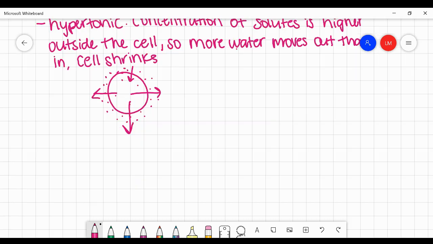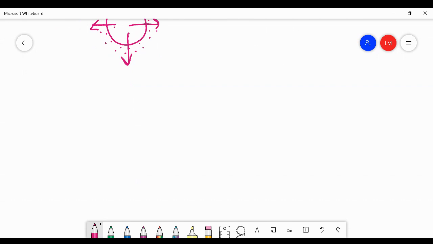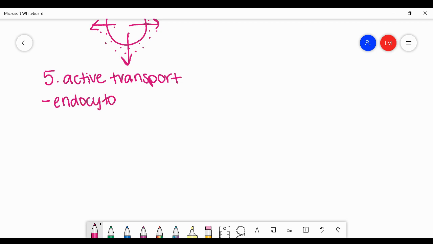The last thing we need to talk about are the types of active transport. One type of active transport is called endocytosis. Endocytosis we can think about like cell eating, where the cell brings in large materials.